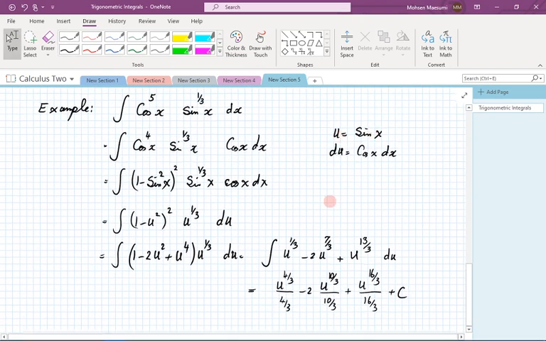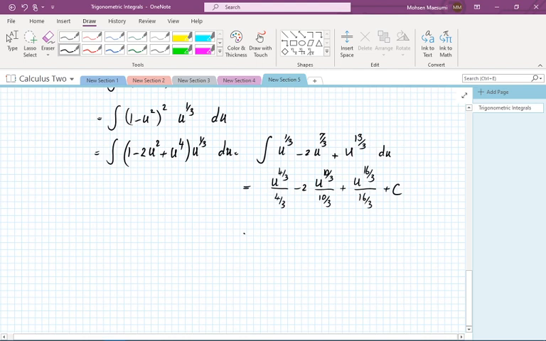Our u is sine of x, so cleaning up these fractions, this is 3/4 of sine of x to the power of 4/3. This becomes 6/10 of sine of x to the power of 10/3, and then this becomes 3/16 of sine of x to the power of 16/3, and then you throw in a constant for good measure.